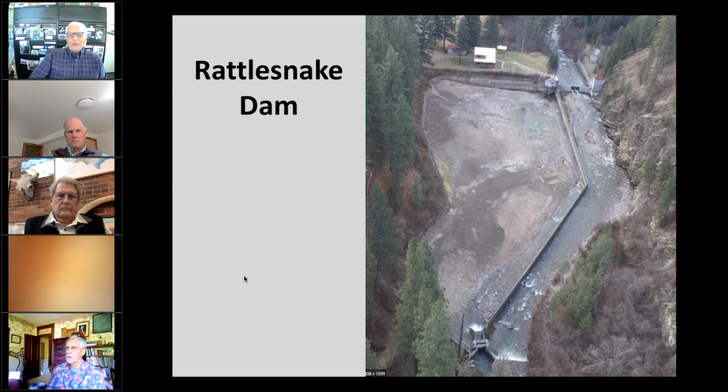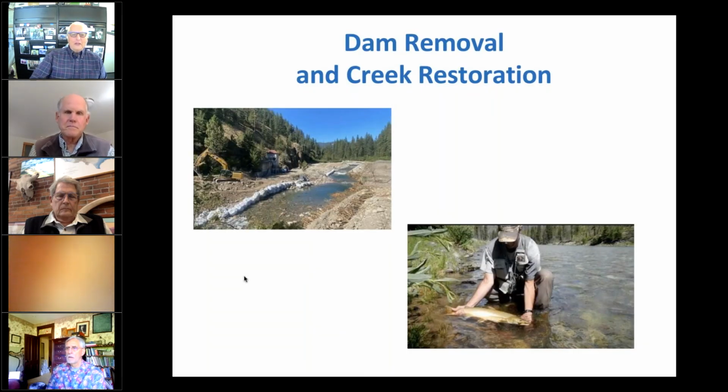And I'm quite happy to report that the dam was just removed in the last 30 days, and the riparian area is being restored, and the bull trout now are free to run up their historical and prehistorical range along with cutthroat trout. It's a different day in the Rattlesnake. Jack?